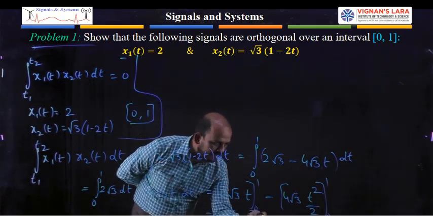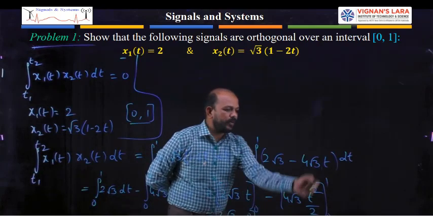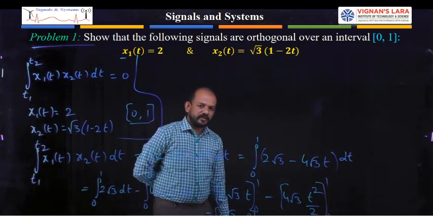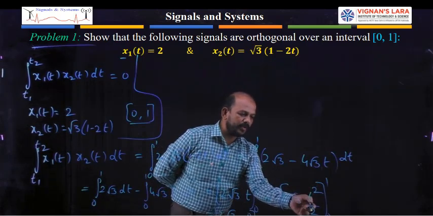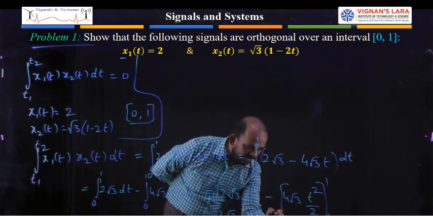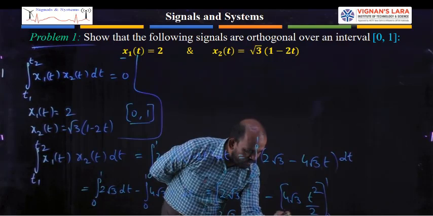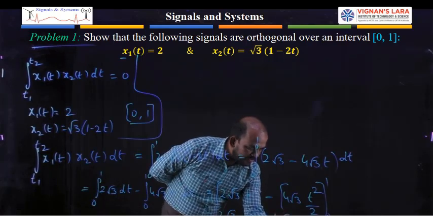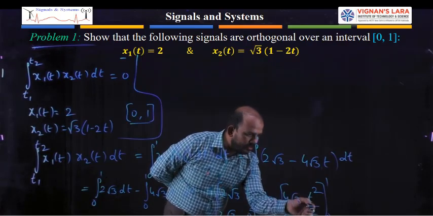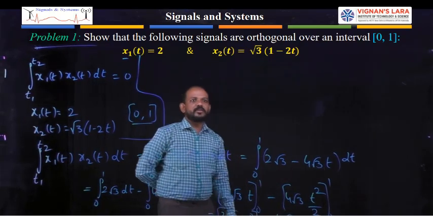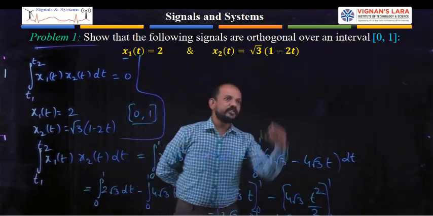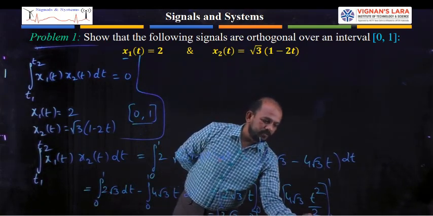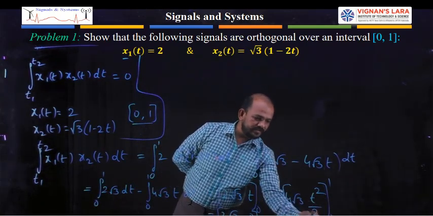Minus, apply 1 to t square by 2, so 1 square by 2, which is 1 by 2. It will be 4 root 3 into 1 by 2 minus 0. 0 into anything is 0.